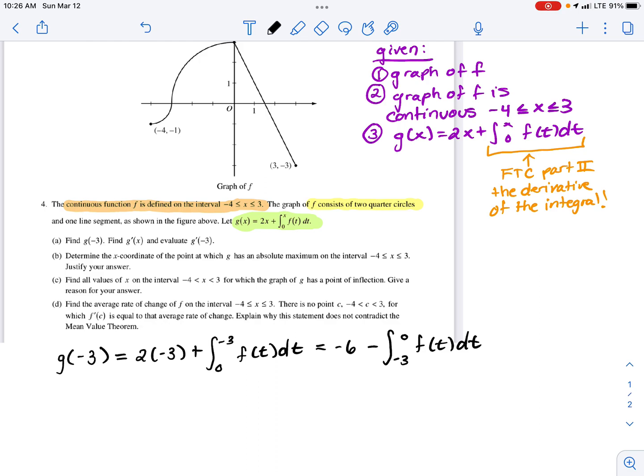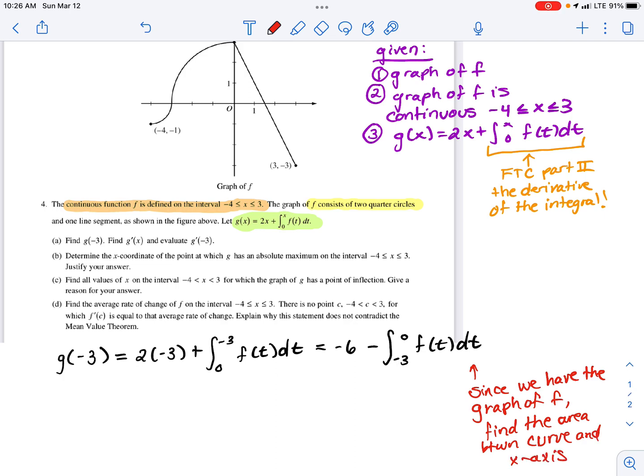But since we have the graph, we need to find the area between the curve and the x-axis.